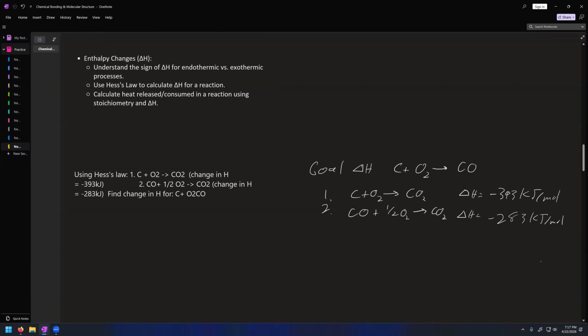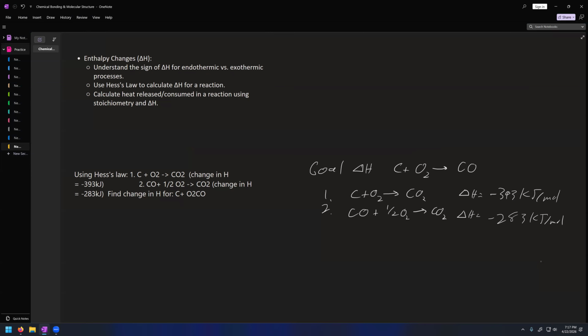Now these problems look intimidating. They have a bunch of weird symbols and equations, but really what we're trying to do is solve a puzzle. We're trying to see how we can stick together these 2 equations somehow in order to turn them into our desired equation. The rules of the game are as follows. If you flip an equation around, you have to multiply your delta H by -1.